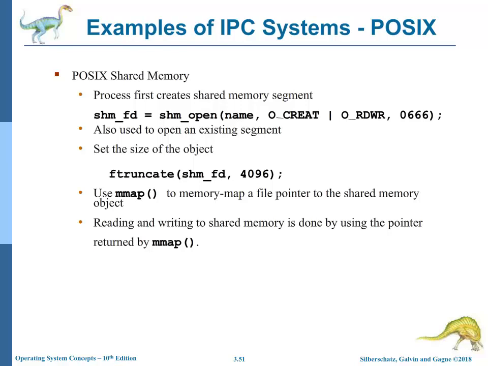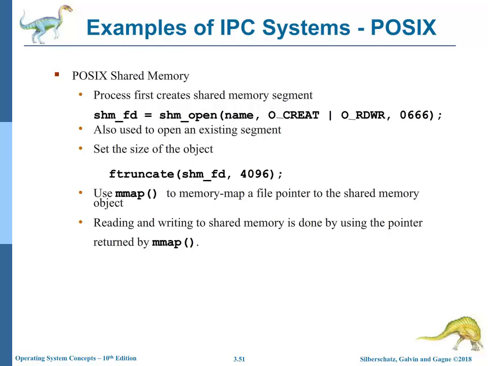Here we explore the POSIX API for shared memory. POSIX shared memory is organized using memory mapped files, which associate the region of shared memory with a file. A process must first create a shared memory object using the shm_open system call.